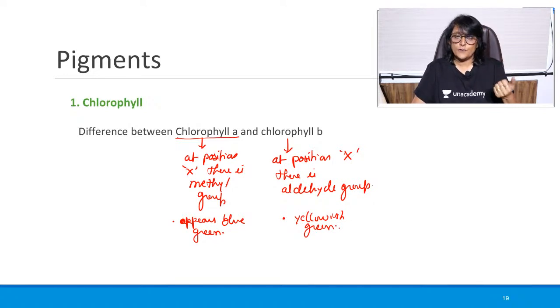So these are the differences structure wise and color wise also. But there is one more difference, and that is they absorb different wavelengths. So this is about chlorophyll.